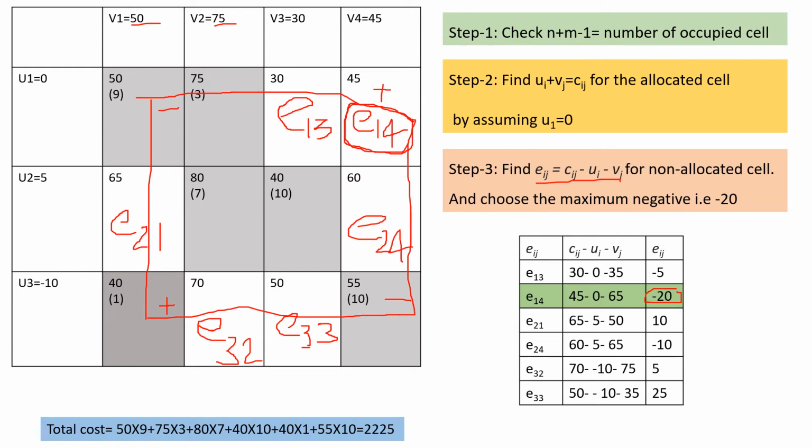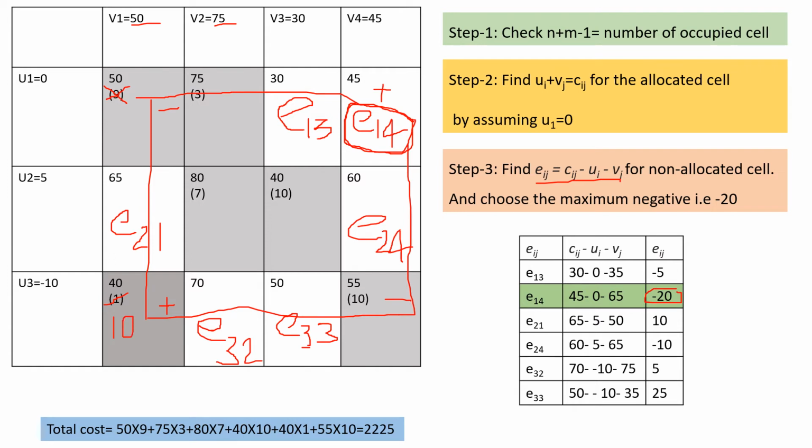Here we have 9, and here we have 10, and 9 is less than 10, so we have to subtract 9 from the minus cells, and add 9 to the plus cells. So here 9 minus 9 becomes 0, so it is canceled out, and here when we add 9, this becomes 10.